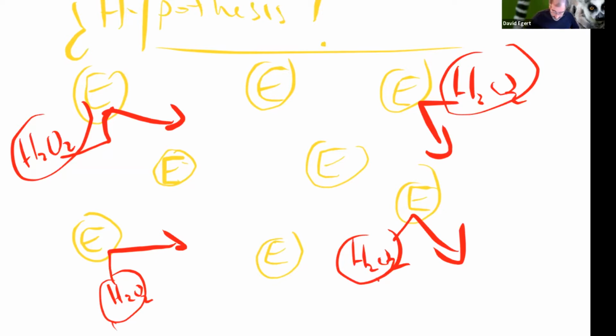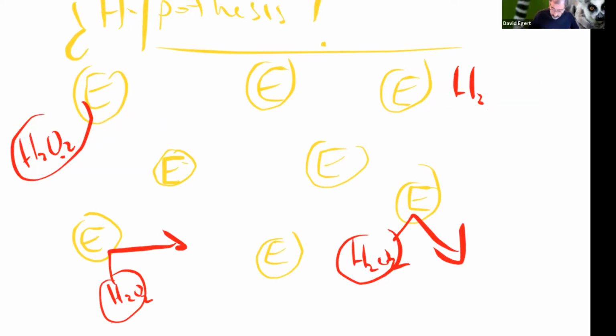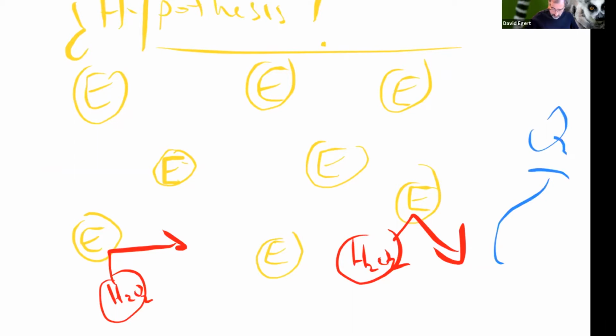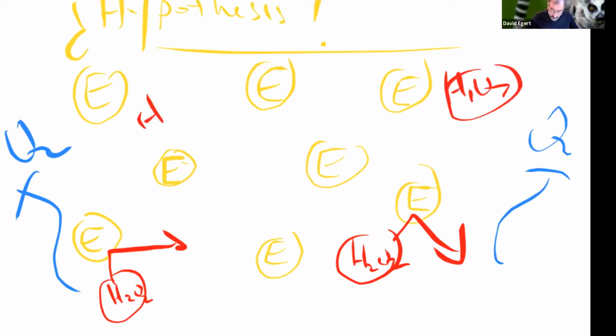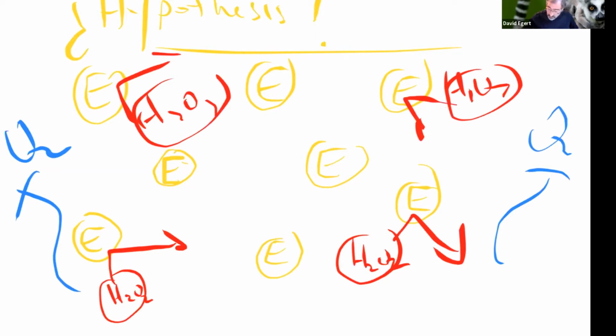If I just had these two, in some certain amount of time I would have had a certain amount of oxygen being formed. But if I have these other H2O2s going at the same time, I'm going to have twice as much oxygen being made in the same amount of time, right?